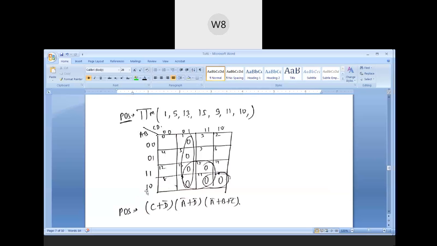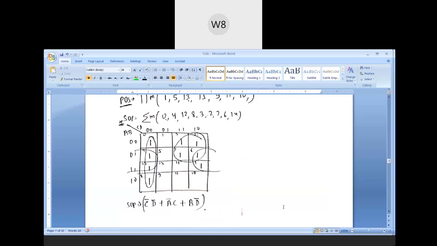So A bar, B, and C bar will be used, and their sum will be used. So what we get here is a product of sum form. Keep in mind this will not be called the product of max term. This is product of sum form because all variables are not present in all the terms.